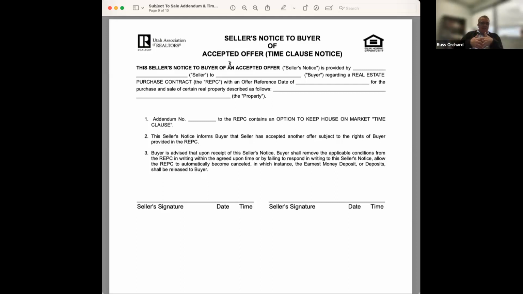The seller gets in an offer, and remember, they don't have to tell the buyer and enact this time clause, but if they do, you would want to use this notice to send over this seller's notice to the buyer of an accepted offer provided by the seller's name, the buyer's name, regarding the property, with the reference date and the property address.